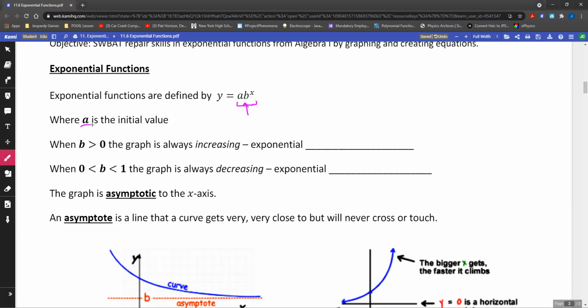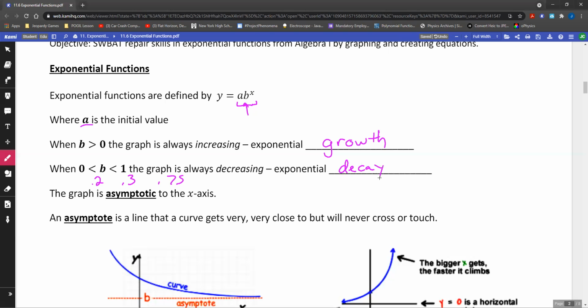If b is greater than 1, then the graph will always be increasing, which is what we call exponential growth. If b is some number less than 1, but still greater than 0, so like a decimal, something like 0.2, 0.3, 0.75, then the graph will end up being decreasing, which is called exponential decay.